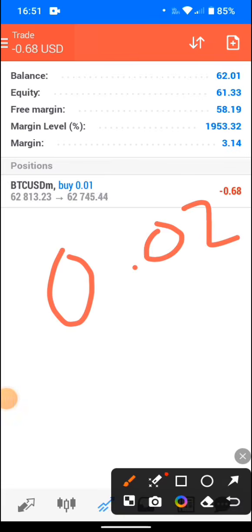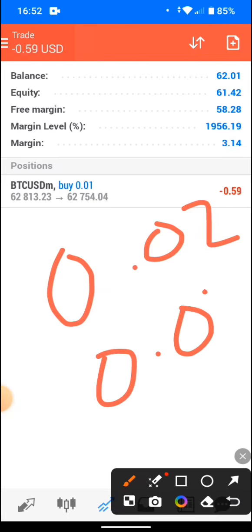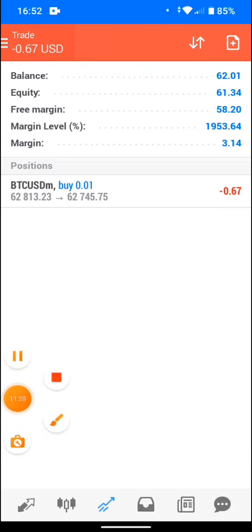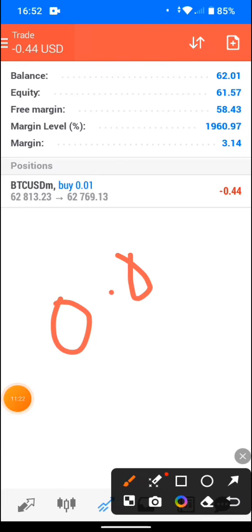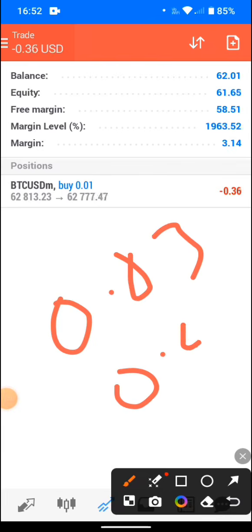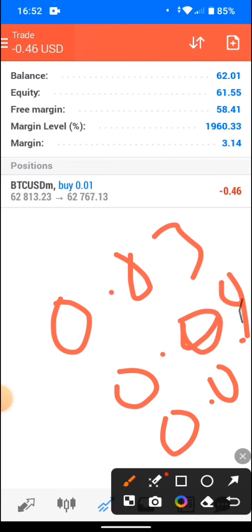You are not here to just make very fast money. You want to take your time in the market. If you have $50, you can go to 0.02 or 0.03. With your $100, you can go 0.03 to 0.04, or sometimes 0.05. But you can lose a lot of money again.